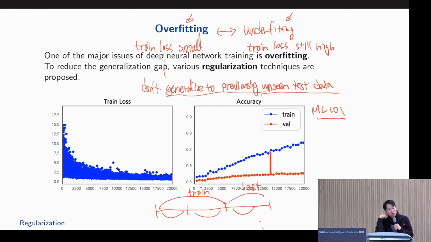Otherwise, there's no hope of generalization. You first need to at least be able to memorize, to overfit, the training data. That's the beginning. If you can't, there could be multiple reasons. Maybe your model is too large compared to the number of data points you have available. So either go collect more data or decrease the number of parameters in your architecture.